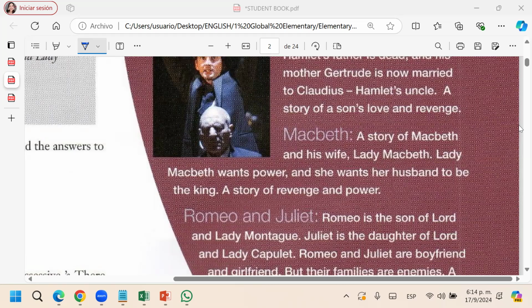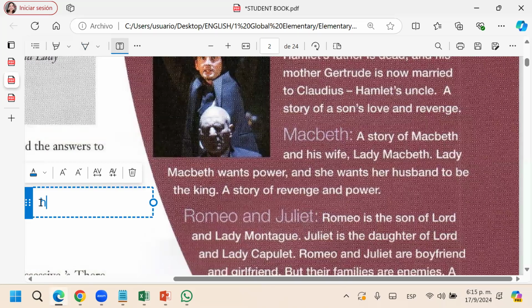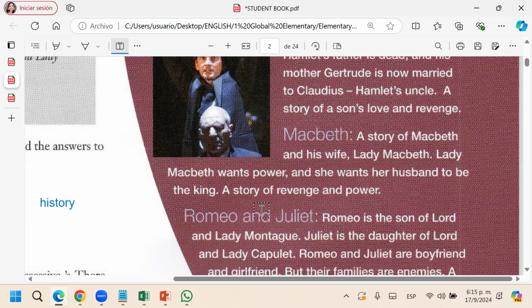Lady Macbeth wants power, and she wants her husband to be the king. A story of revenge and power. Story. A story. History is this. Story. This is story.